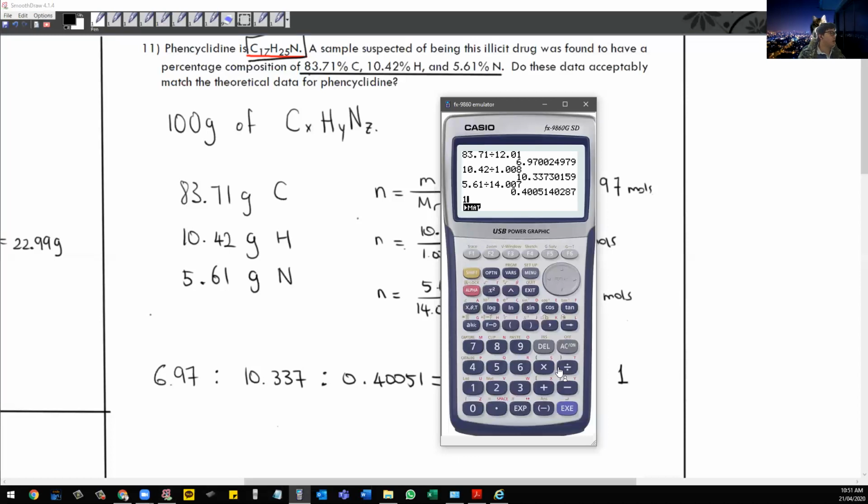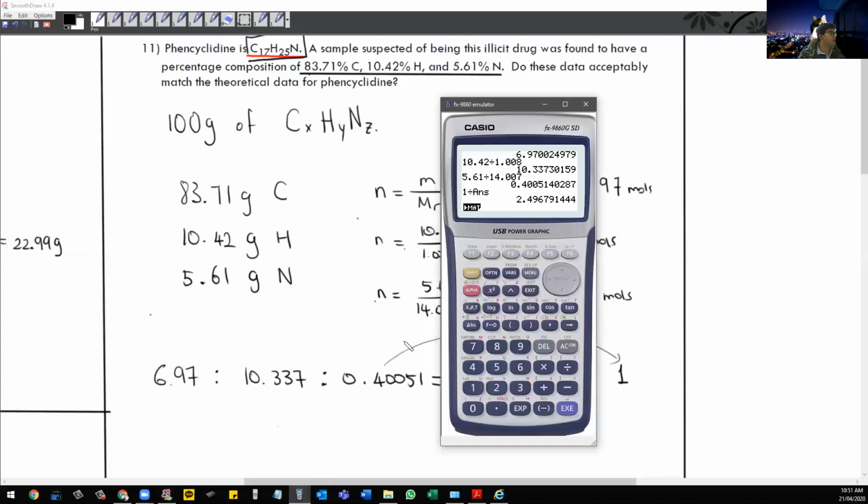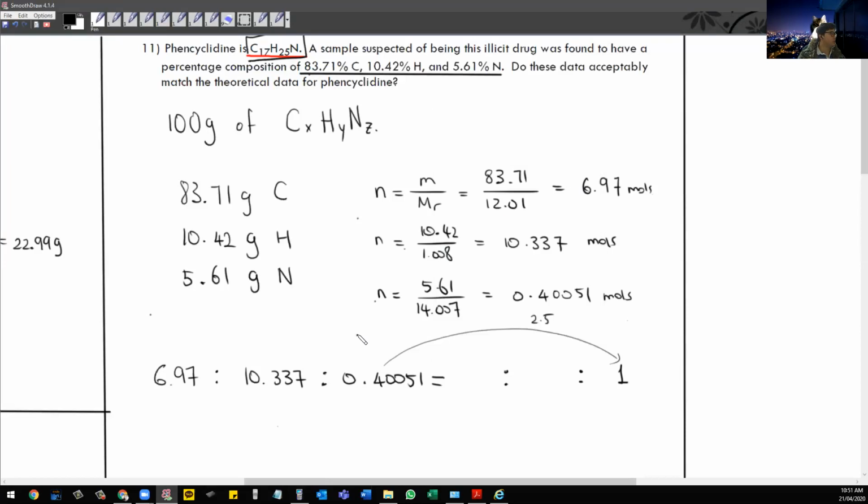So just divide 1 by the answer. It's about 2.5, all right. So if I multiply this one by 2.5, then I get 1. So let's apply that to every one of those. So 6.97 times 2.5 is 17.4-ish.